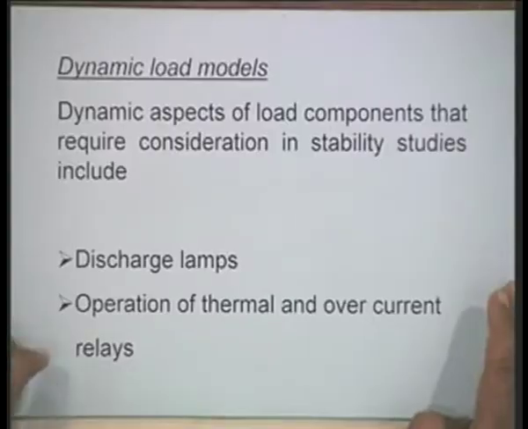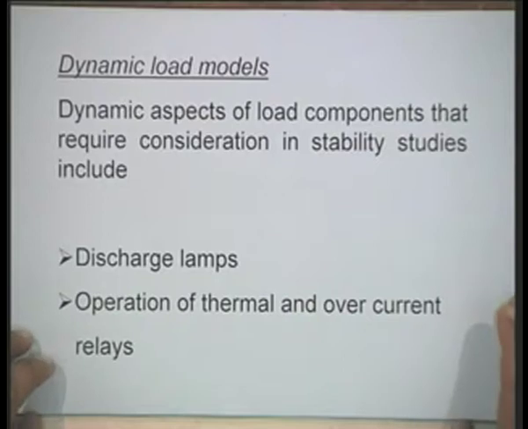This is one of the important characteristics to be modeled. Then there are many devices which have overcurrent and thermal relays. These are also required to be modeled. Then the thermostatic control of loads; these are mostly heating and cooling loads, air heating, air cooling, refrigerators, and some other devices which you can look into.